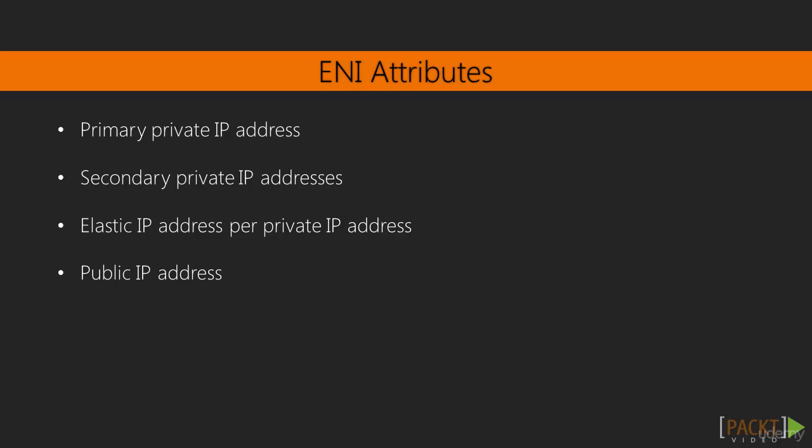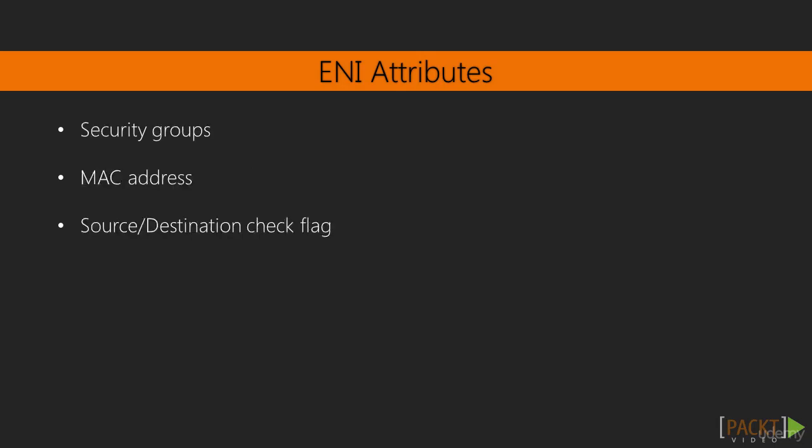The regular public IP address is also a property of the ENI, but if you associate an elastic IP, the public IP will be returned to AWS. Security groups are also associated with the ENI and are not directly associated with the instance. Each ENI will have a unique MAC address. This is useful if you have a software license tied to a specific MAC address.